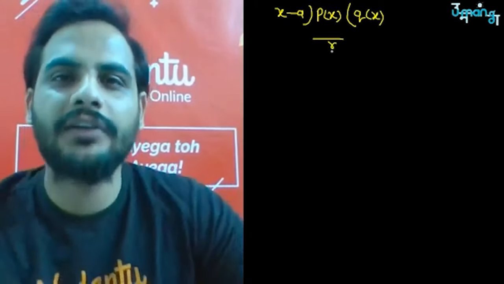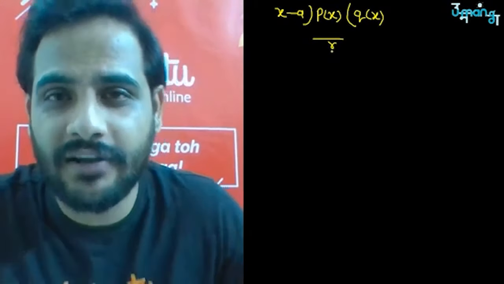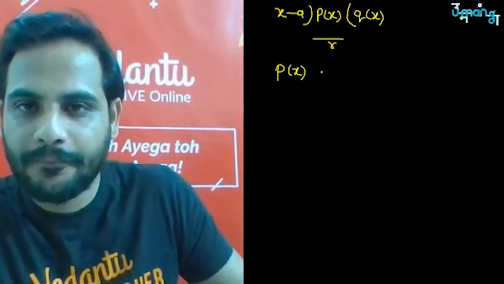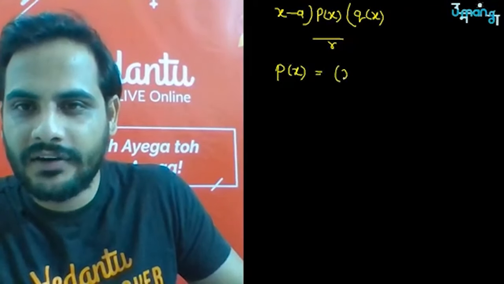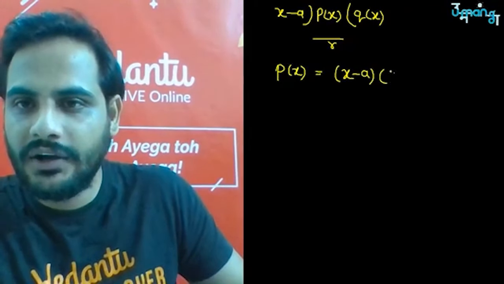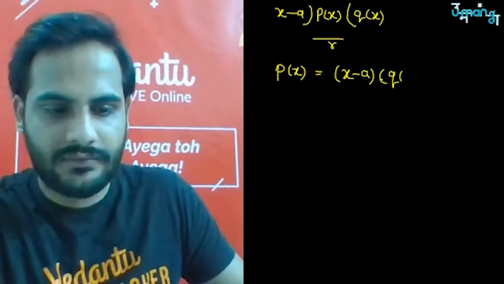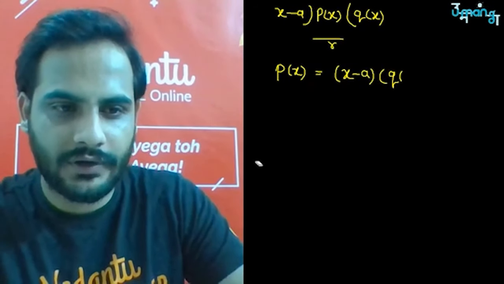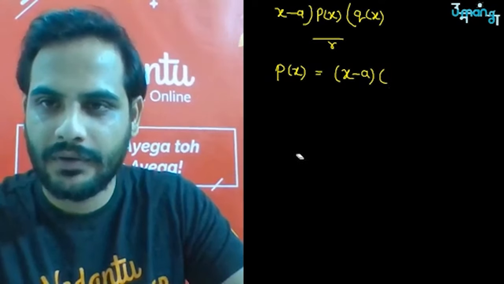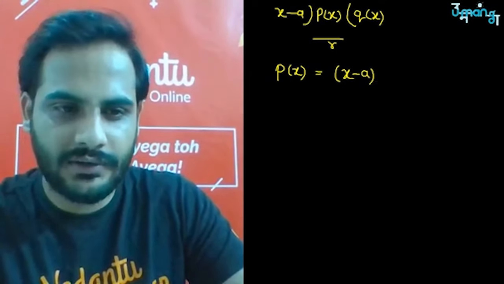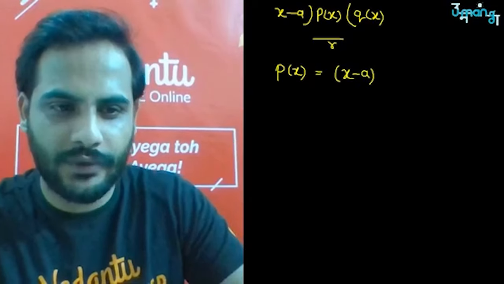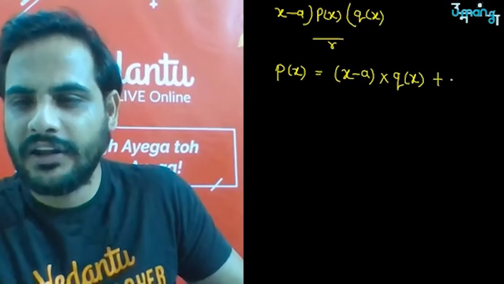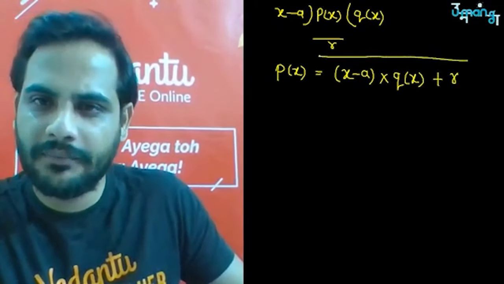If I use the formula dividend is equal to divisor into quotient plus remainder, I can say the dividend p(x) is equal to the divisor, which is x minus a, into quotient, which is q(x), plus remainder, and we know R is a constant number.